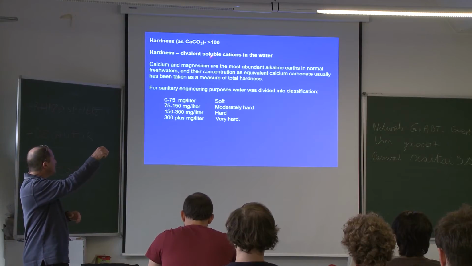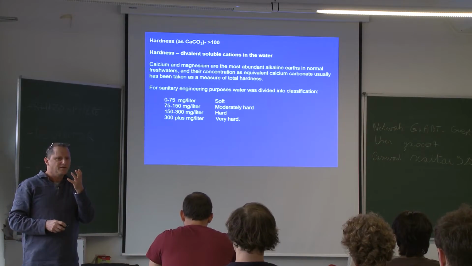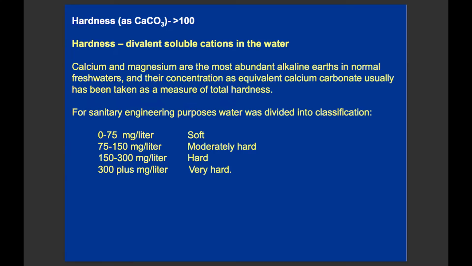Normally, experimentally, anywhere around 100 or sometimes slightly above 100 milligrams per liter would be important for the fish. Anything above 50 milligrams per liter, really, in terms of calcium.